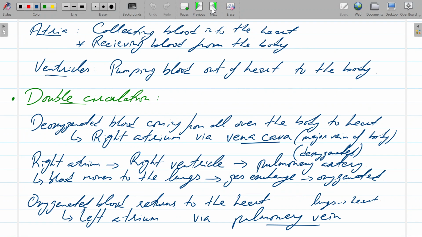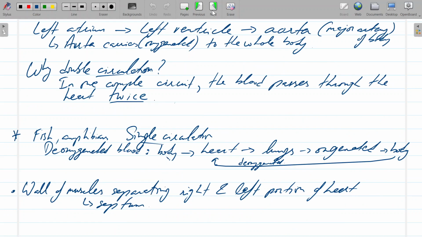We talked about how double circulation occurs in humans. So blood passes through the heart twice in one cycle, as compared to single circulation in other animals such as fish and some amphibians.